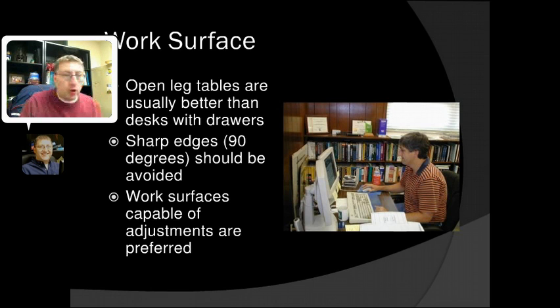Sometimes you'll find the old monitor. You got a new monitor, nice big flat screen. You replaced that old CRT that you had for 10 years, and you stuffed it under the desk for no reason, just because you didn't have anywhere else to put it. So keep that leg room.